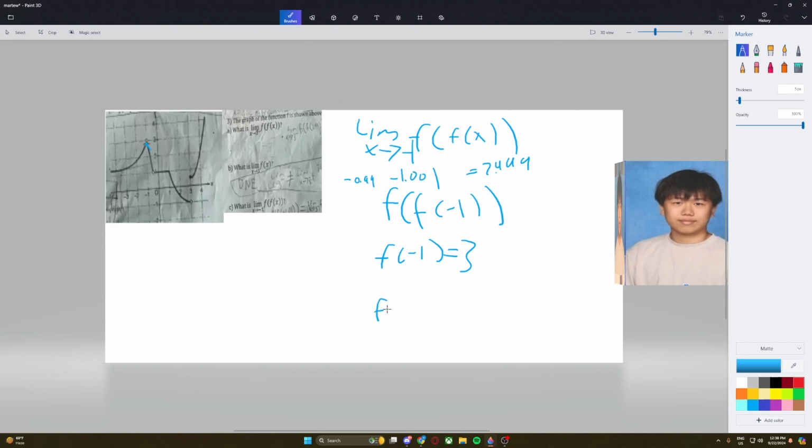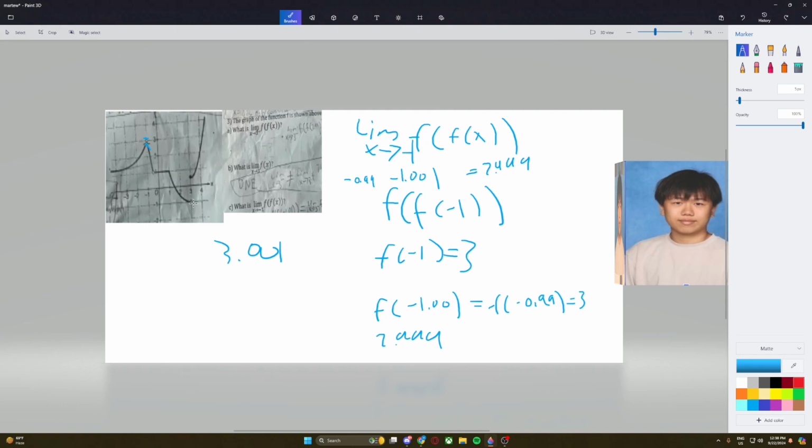So f of negative 1.00 is equal to f of negative 0.99, because the two-sided limit at negative 1 is equal to 3. It would also equal 2.9999, but not 3.0001. Notice how there's a dot here, so it would never go over 3. It's signifying it's never going over 3, which is what this limit is.